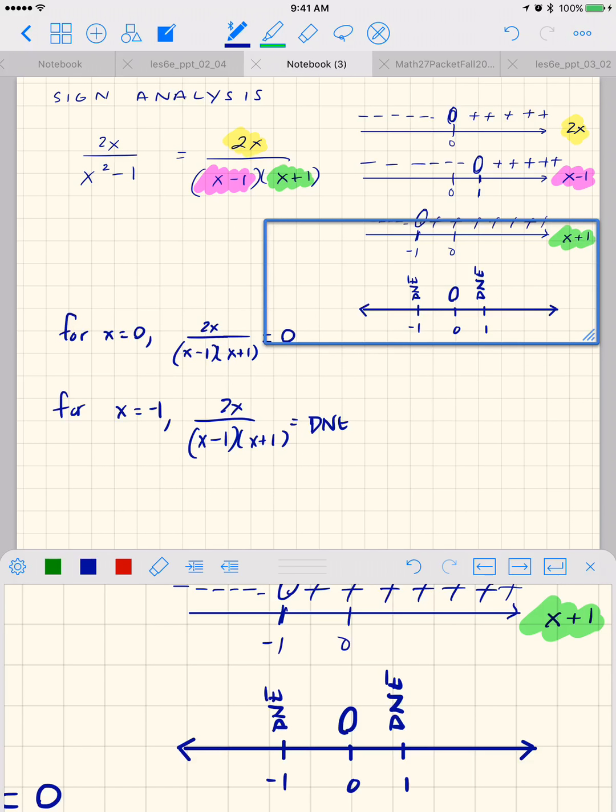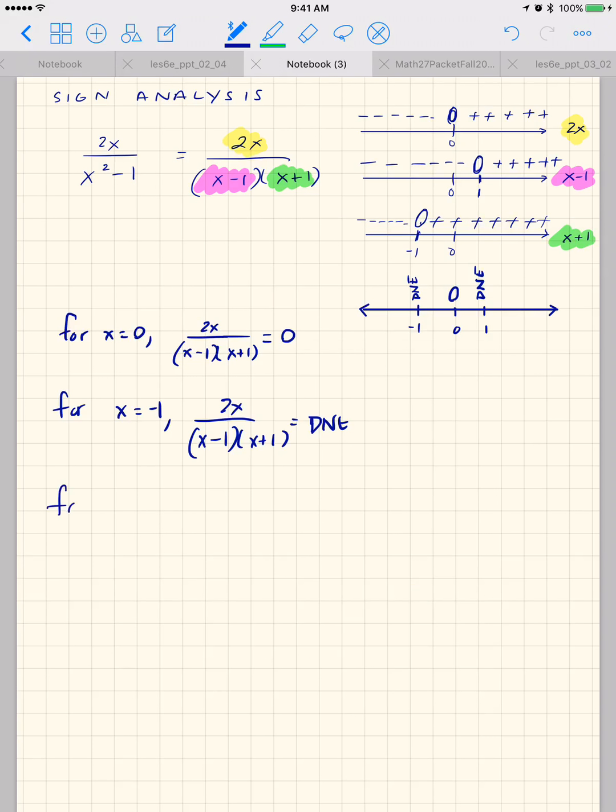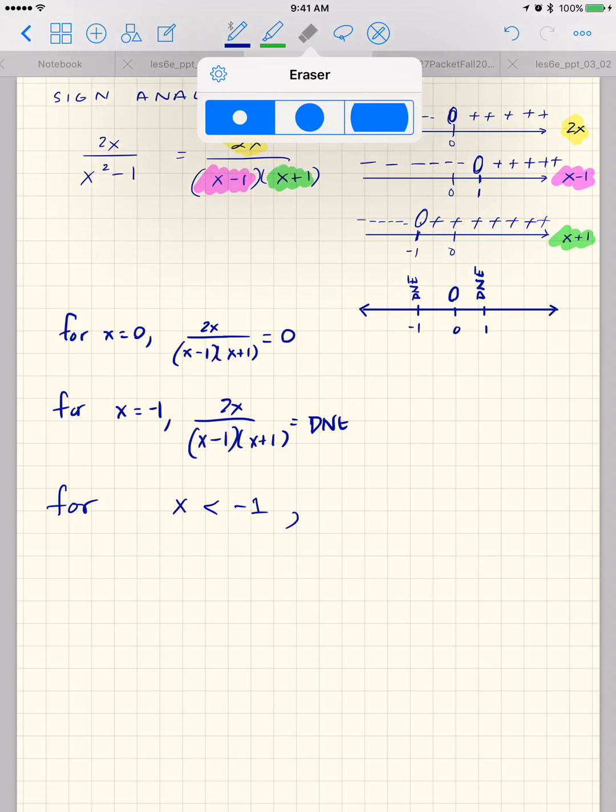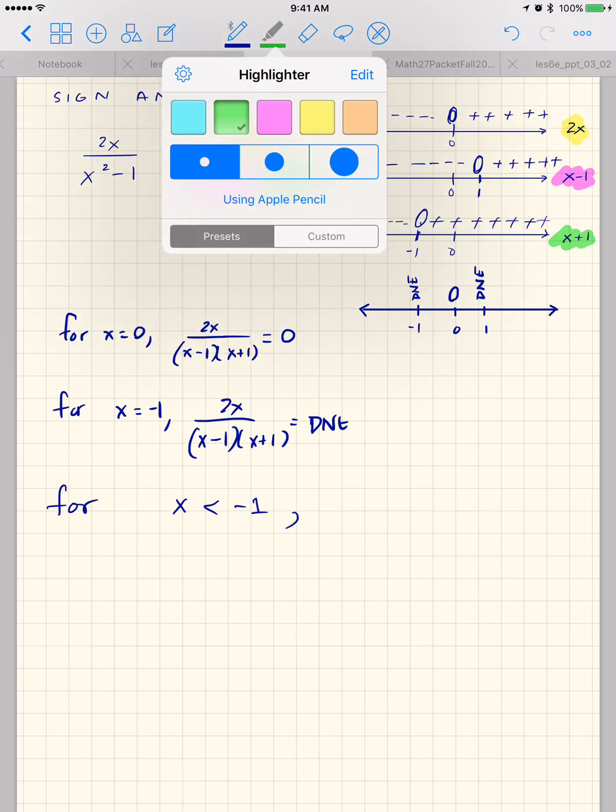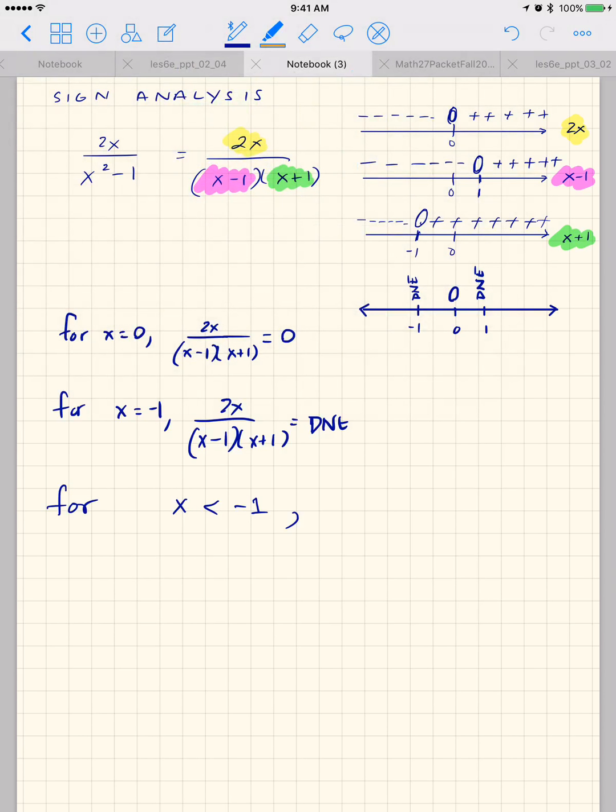Now in between, I'm going to figure out whether I put positives and negatives. So for x less than negative 1, let me show you how this works.